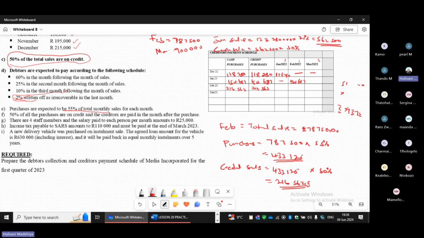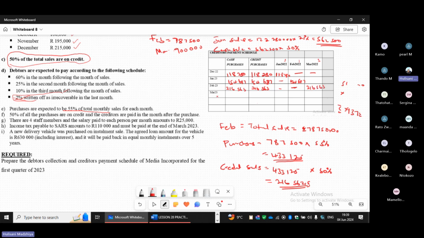Whatever you bought on credit in February, you are going to pay in March, since you bought it in February.